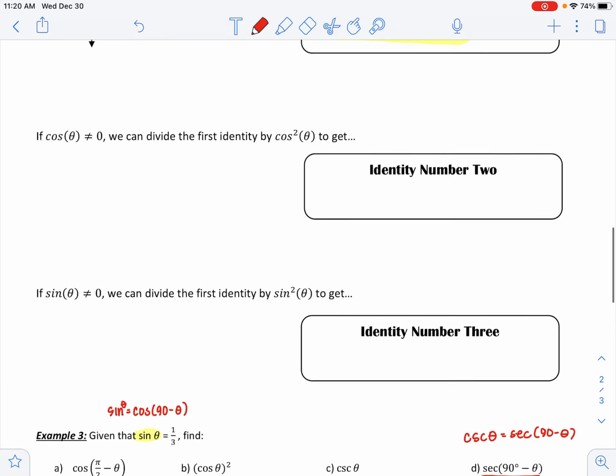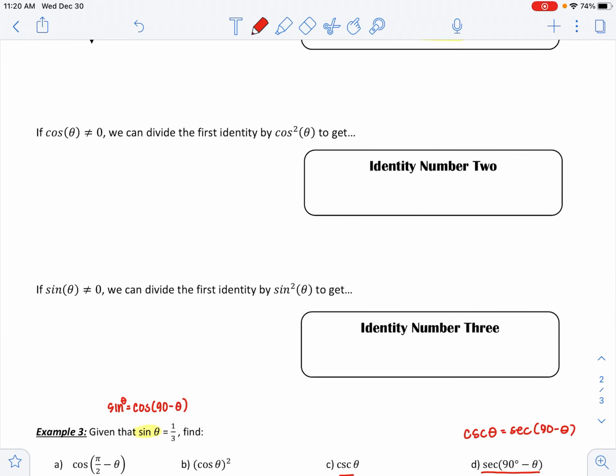How we're going to get it, we're going to actually come up with it. Instead of me just saying, here it is, I'm going to show you how to get it. It says if cosine of theta is not 0, we can divide the first identity by cosine squared and we'll get our next identity. So I'm going to start by writing out our first identity. Sine squared plus cosine squared equals 1.